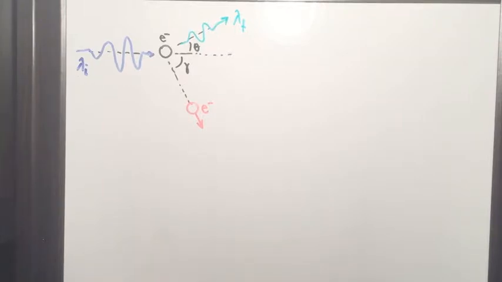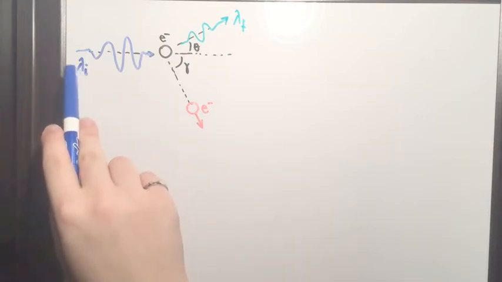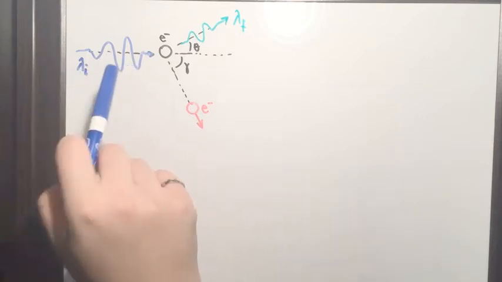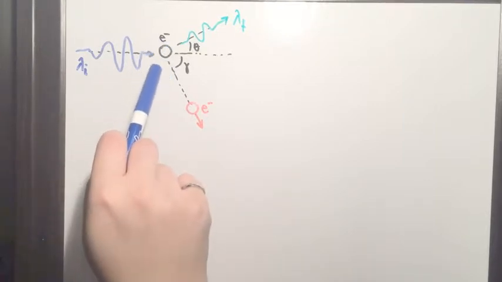So a little bit more about the concept of Compton scattering. Compton scattering occurs when an incident X-ray photon is deflected from its original path by bouncing off an electron. As you can see in this picture, the blue is our incident X-ray, and it collides with a stationary electron shown here in black.